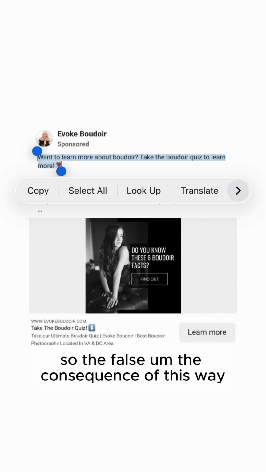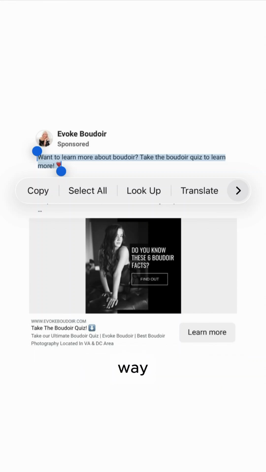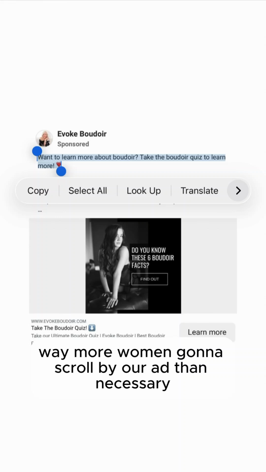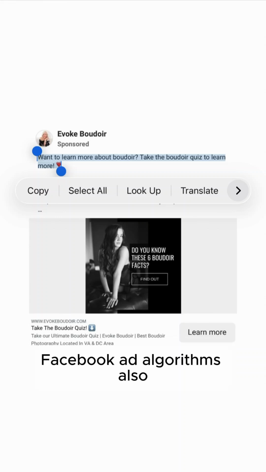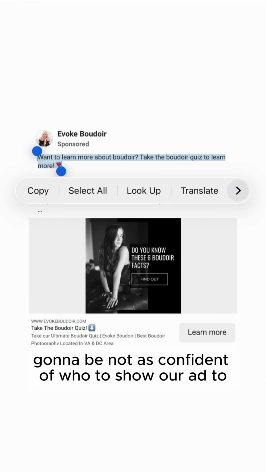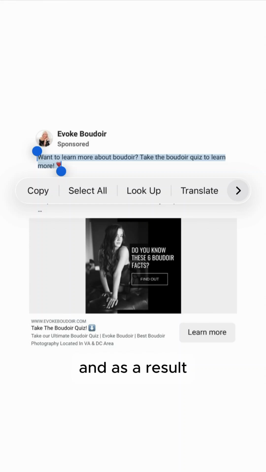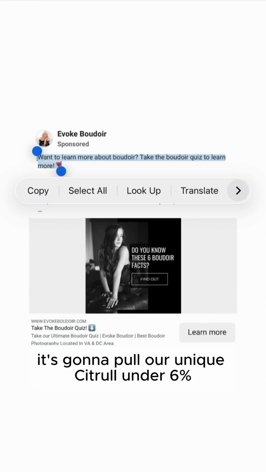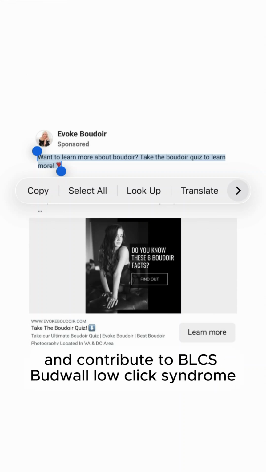So the consequence of this: way more women are going to scroll by our ad than necessary. Facebook ad algorithms are also going to be not as confident of who to show our ad to. And as a result, it's going to pull our unique CTR under 6% and contribute to BLCS, Boudoir low click syndrome.